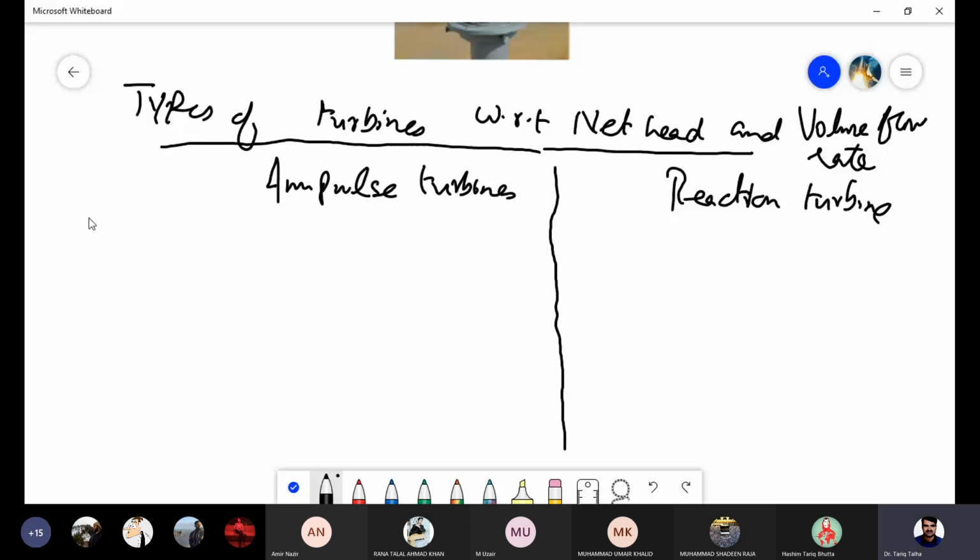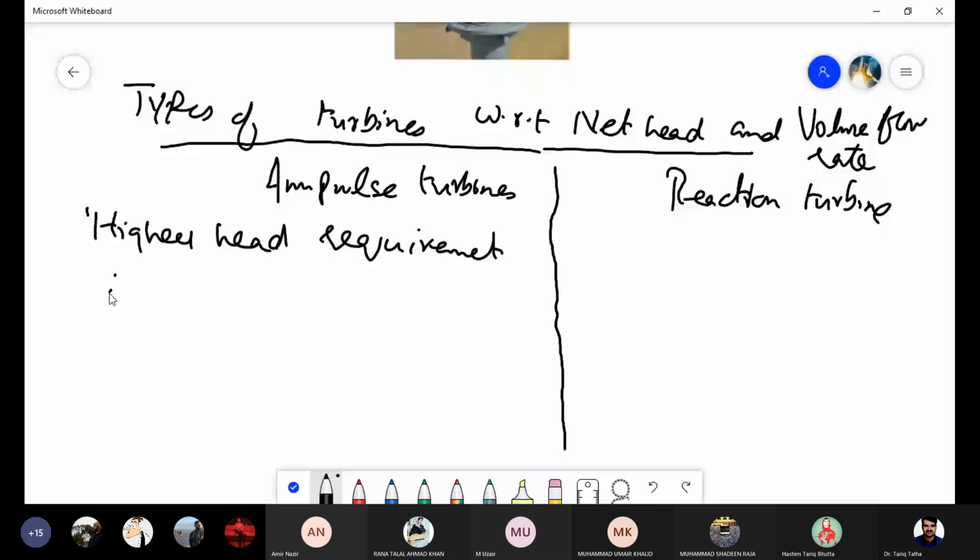In impulse turbine, the net head required is higher, but it can operate for situations where the volumetric flow rate through the system is lower. So lower volume flow rate required.